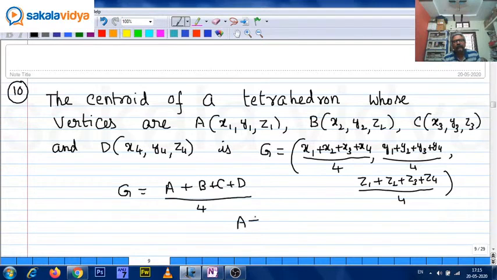So we can write A plus B plus C plus D equals 4G. That means if three vertices of the tetrahedron are given, even the fourth vertex we can find out.